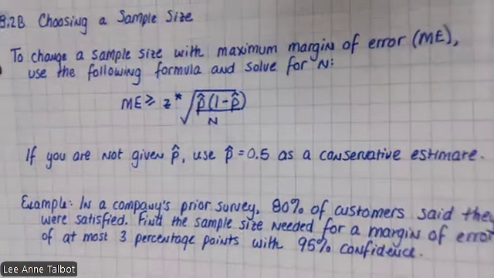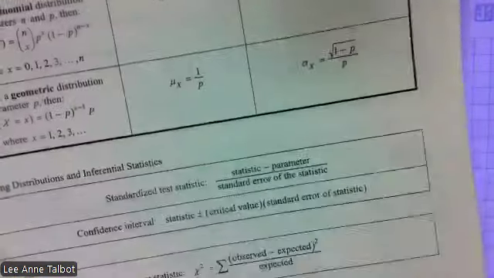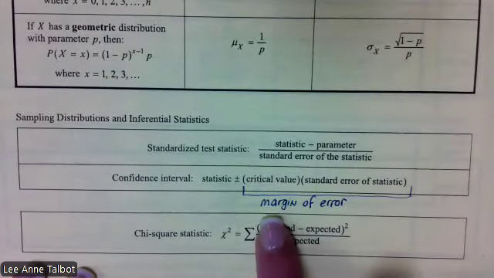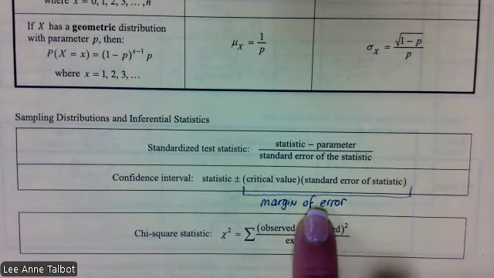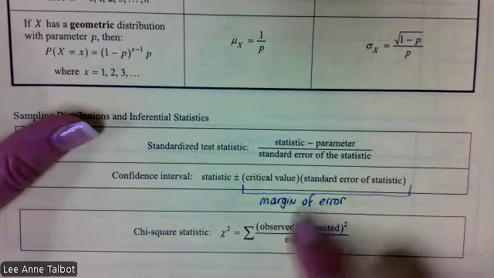Now, if we look at the yellow sheet, did you guys write on here yesterday? Margin of error? You should. That's one of the things you're allowed to write on your yellow sheet.